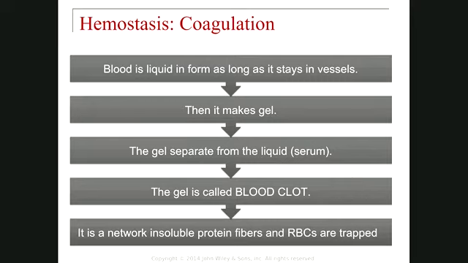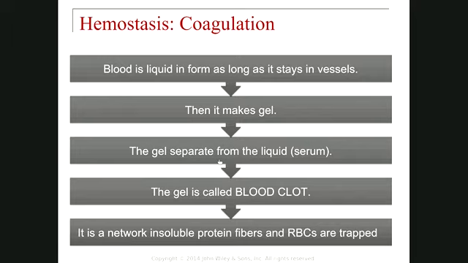First, the blood is liquid in its form when it's in the large blood vessels. When the blood becomes static, it can make a gel-like structure. When it doesn't move, it becomes gel, and then from this gel, the liquid goes out and separates.